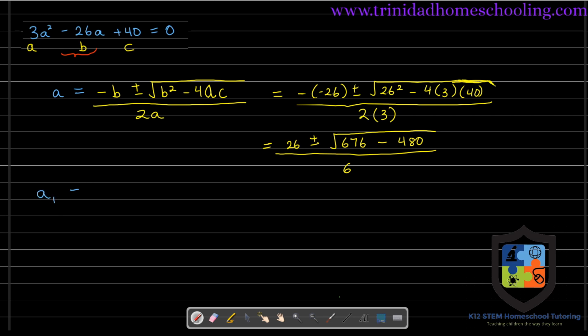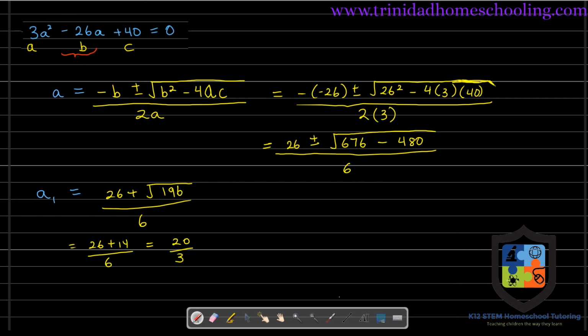Your first value for a will be equal to 26 plus, we're going to take the plus, the root of 676 minus 480, which should give me 196, divided by 6. That gives me 26 plus 14 divided by 6, and this will give me 20 divided by 3. You can put it back as a mixed fraction if you want, but when we need to solve for b, it'll be easier as 20 divided by 3.